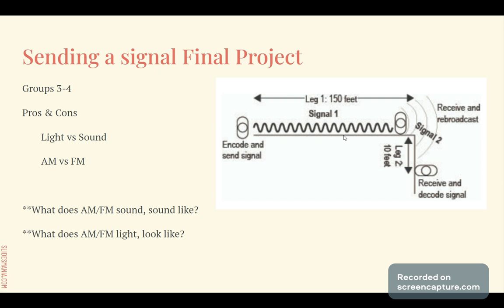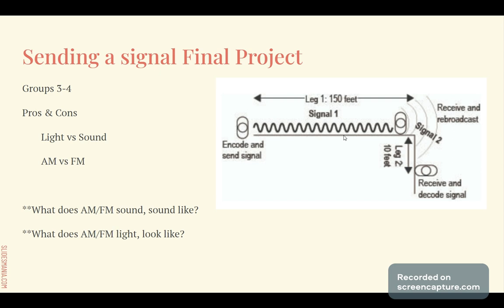FM modulated for light would be different frequencies of light, so different colors of light, red and blue. For sound, it would be different frequencies of sound, so high pitch and low pitch. Again, there are pros and cons depending on what you're doing.